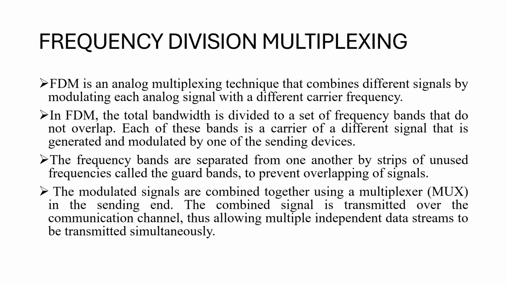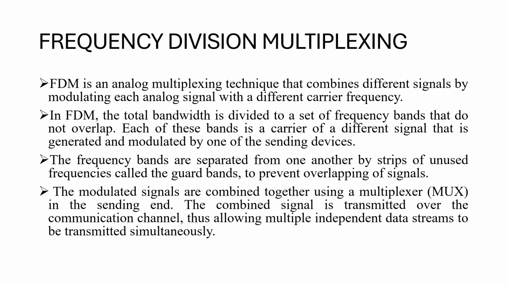So FDM is an analog multiplexing technique that combines different signals by modulating each analog signal with a different carrier frequency. Here the total bandwidth is divided into a set of frequency bands which do not overlap. The frequency bands are separated from one another by strips of unused frequencies, which are called guard bands.